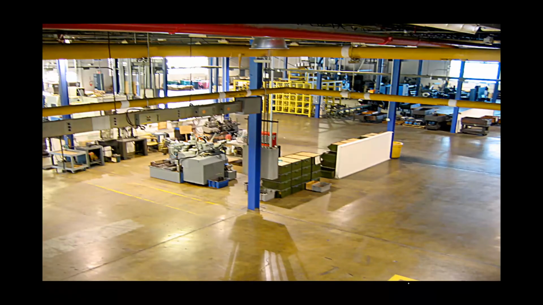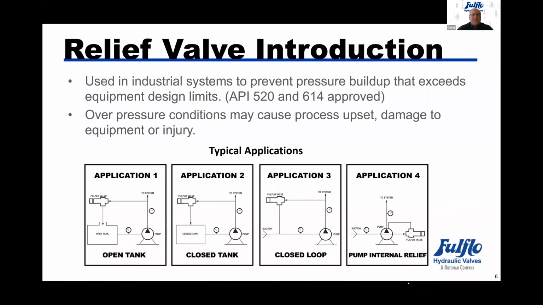On the relief valve introduction, the Fulflo valve is used in industrial systems to prevent pressure buildup that exceeds the equipment design limits. It's an API 520 and 614 approved valve.